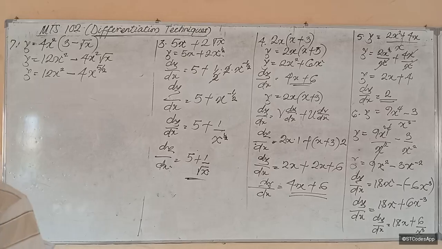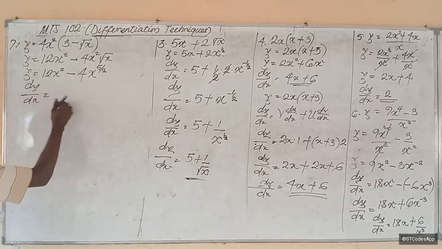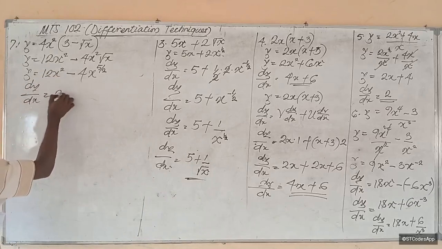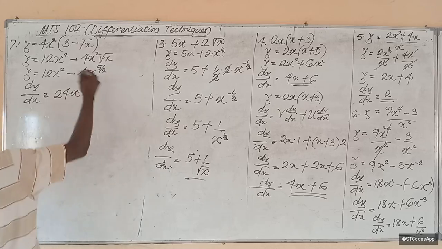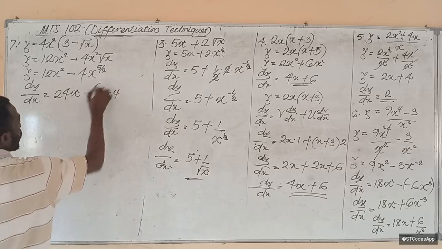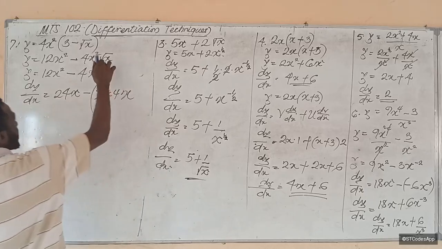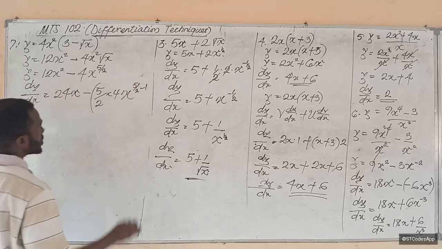So dy dx is equal to, you multiply this and you get 24x minus, this multiplies this, we have 5 over 2 by 4, then x raised to the power 5 over 2 minus 1, okay?